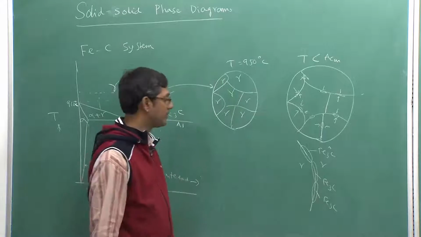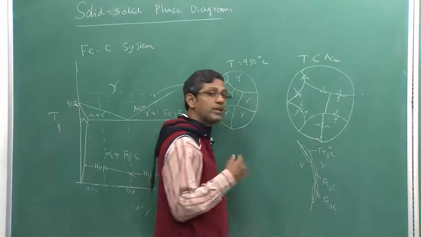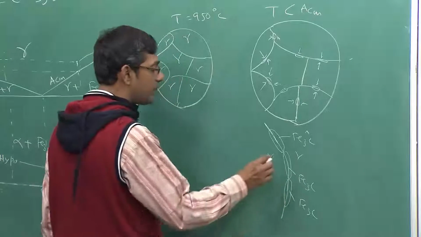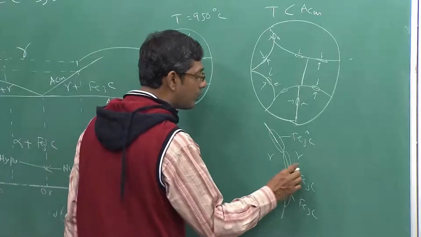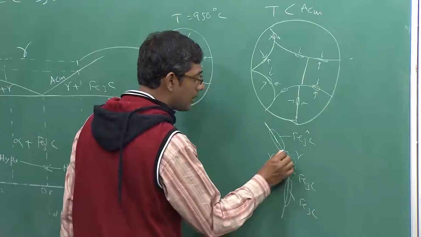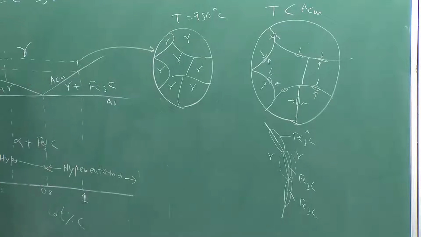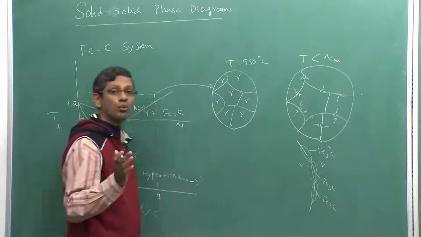That is what will happen. If you allow more time or more diffusion to happen, these cementite grains will then grow into the gamma grain inside it. But normally we do not see it happening. Why? That is because the amount of primary cementite that will form is a very low percentage.